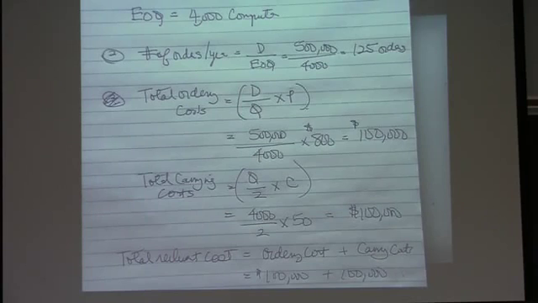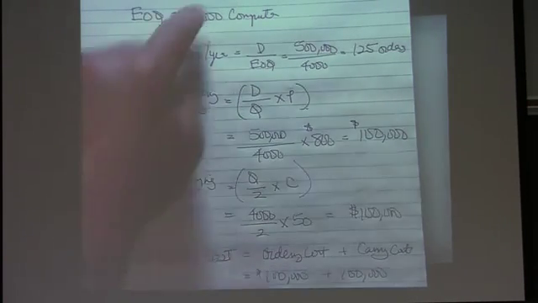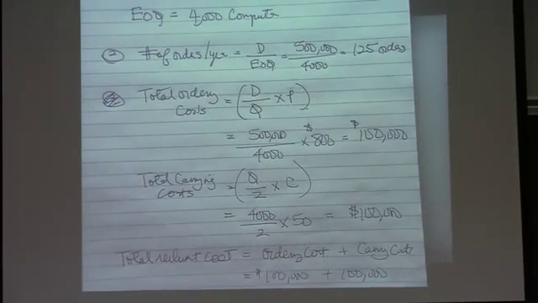If you order any amount different from the EOQ, this number is not going to be the minimum of that range. If you order less than 4,000, the carrying cost is going to go down, but the ordering cost is going to go up, resulting in a total cost of more than $200,000.